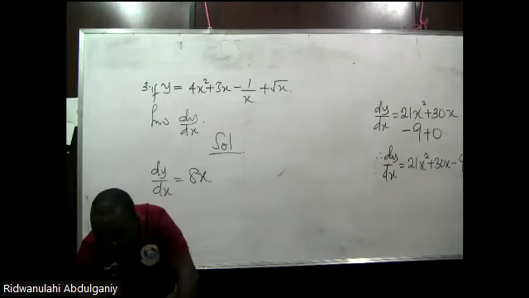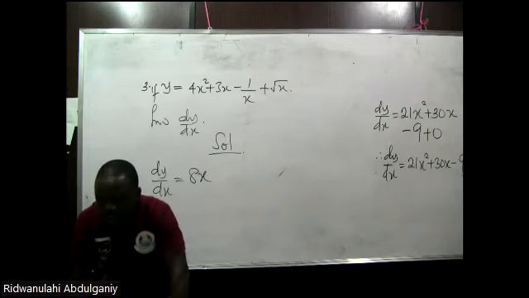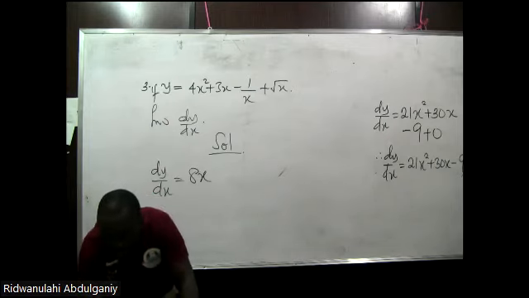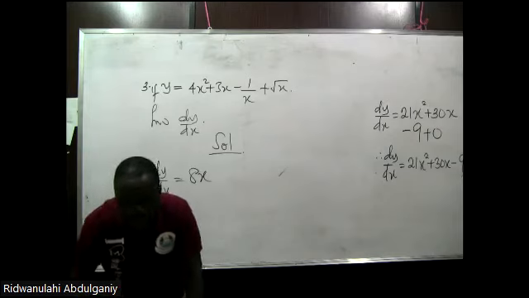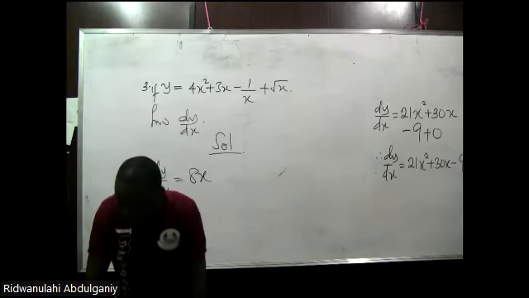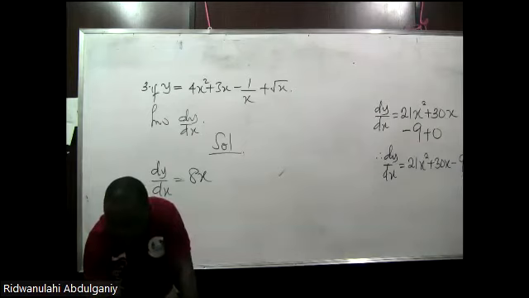Somebody asked a question here: Sir, why did 9x turn to 9 and 17 turn to 0? Who asked this question? David Favor, can you kindly raise your hand, please, so that I can answer the question?